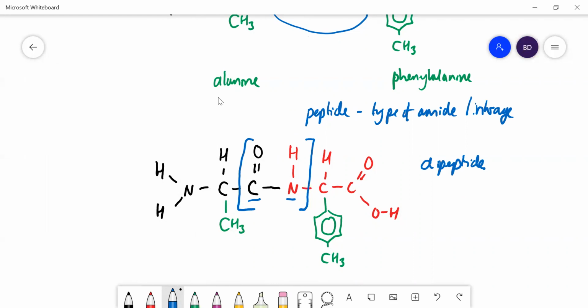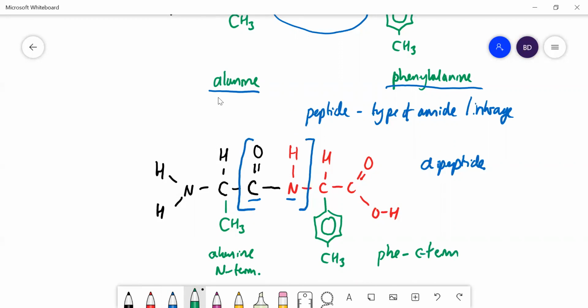Now you probably noticed that with 2 amino acids, I've got the alanine on the left and the phenylalanine on the right. That can form 2 different dipeptides, because here I've got the alanine in the so-called N-terminal position, because it's the free NH2 group, and here I've got the phenylalanine in the so-called C-terminal position.